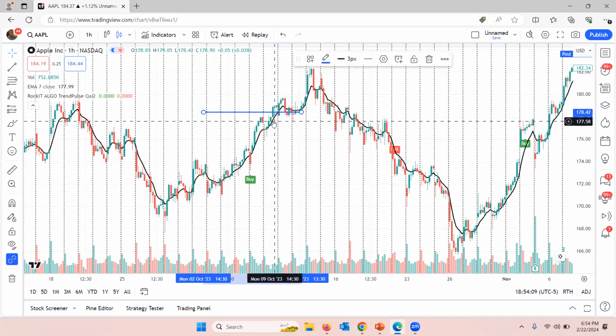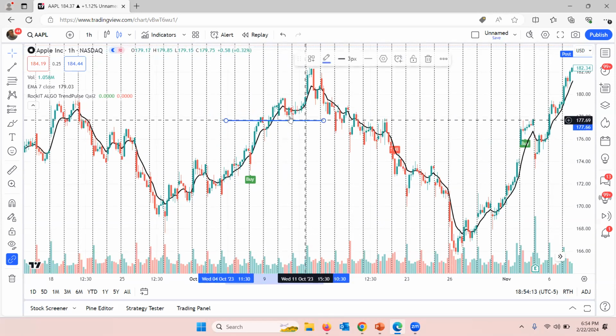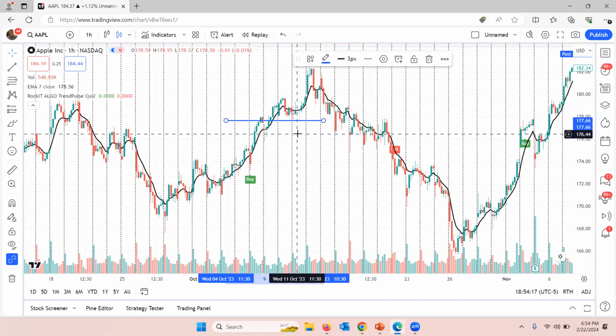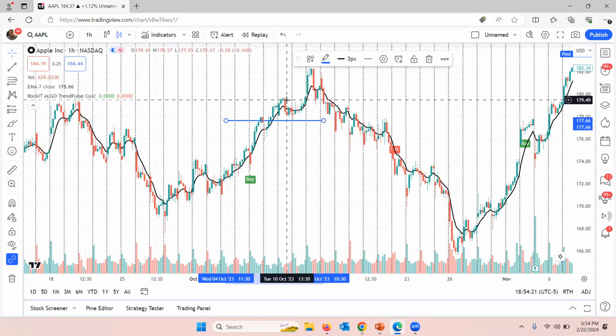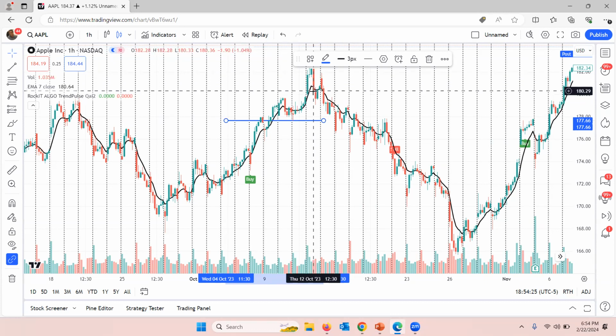So 1 and 2, so I would place my trigger line here. Now, after this, if the 7 EMA crossed below, I would get out of the trade, but it did not.